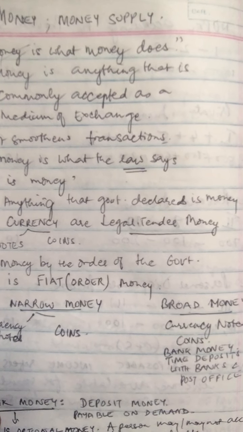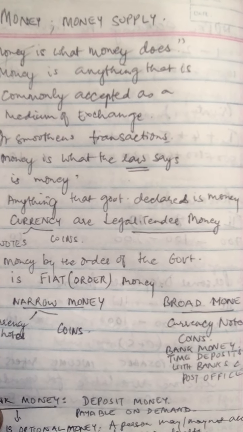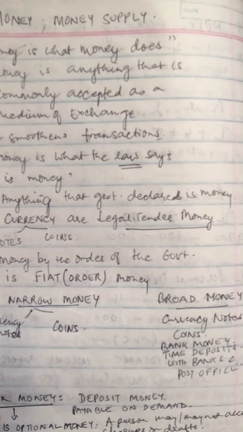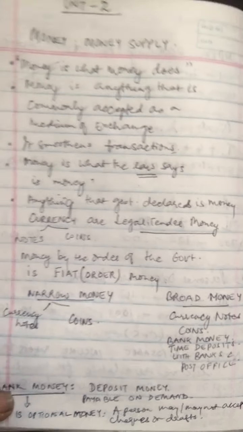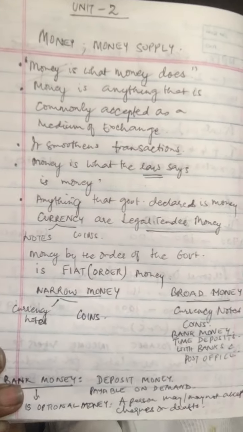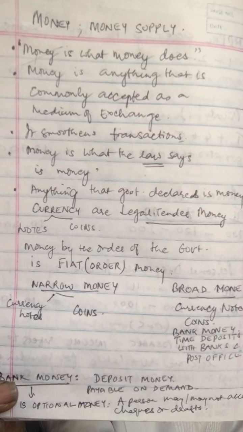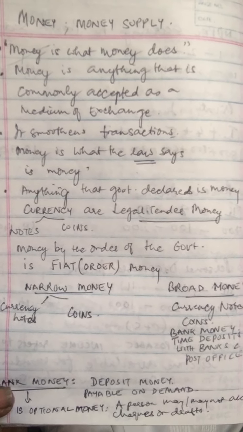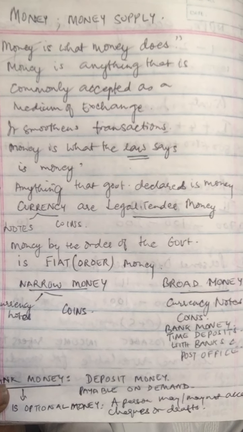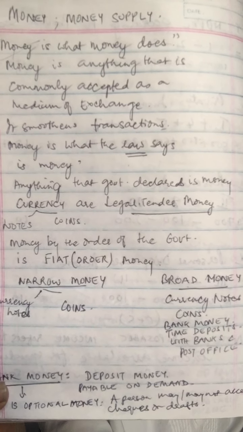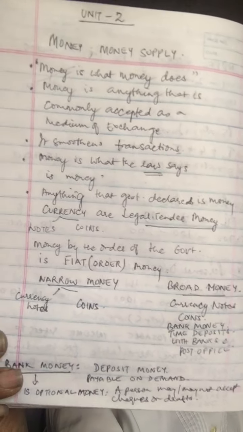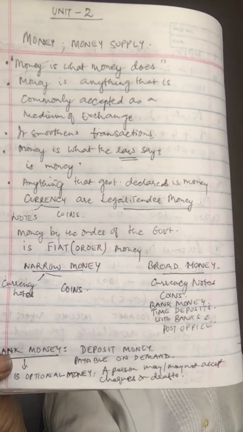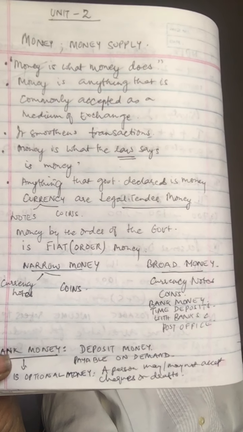Legal tender money. What is legal tender? It means money used legally to make payments. This is of two types: limited legal tender and unlimited legal tender. Limited legal tender is, for example, coins. If somebody wants to give me 2 lakh rupees in coins, I can refuse it.